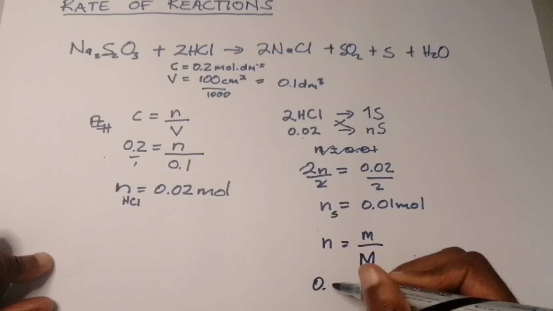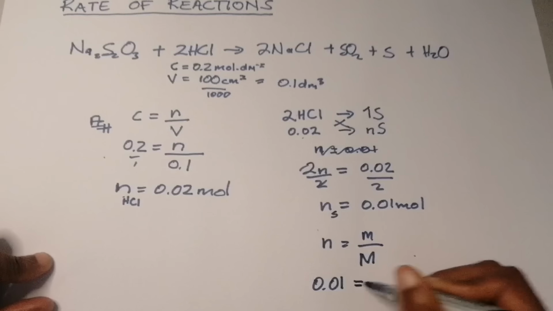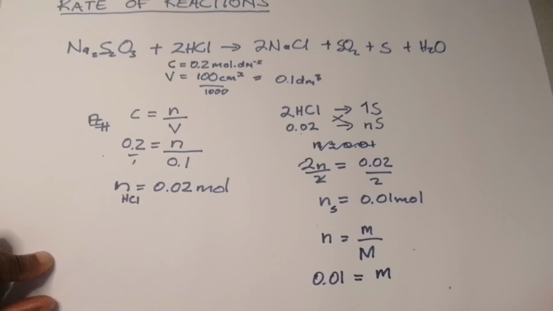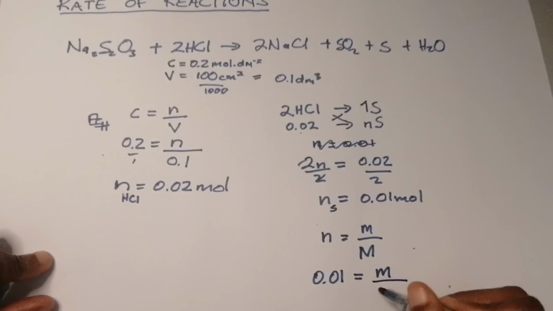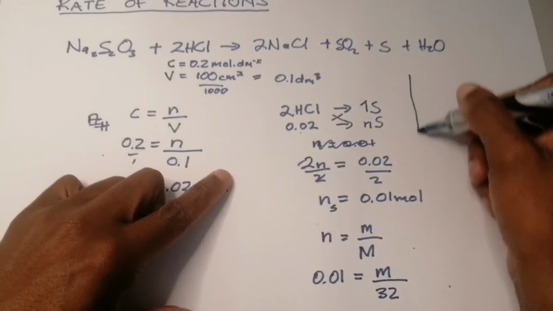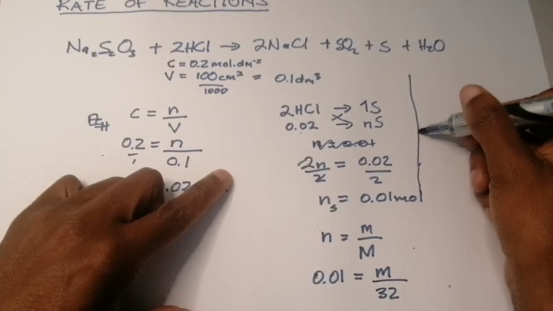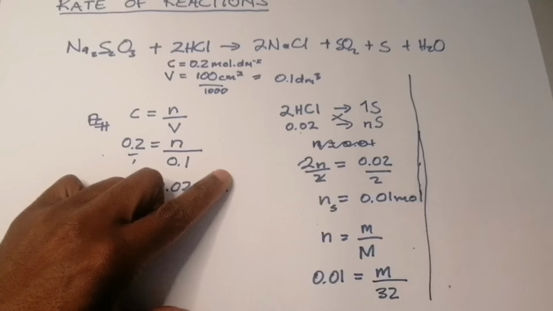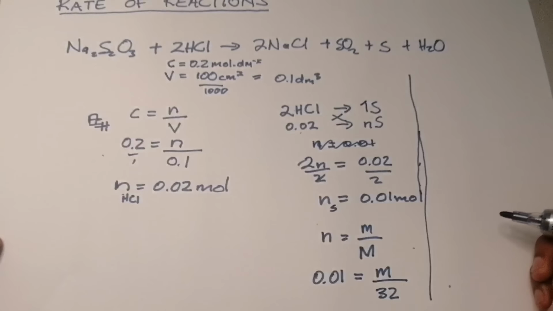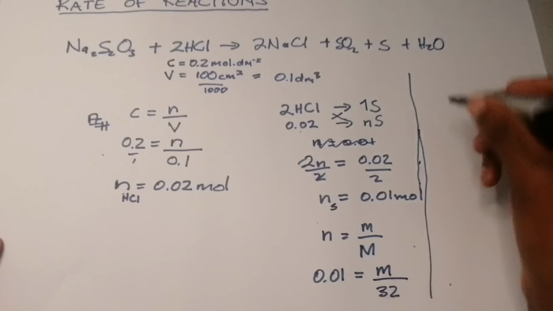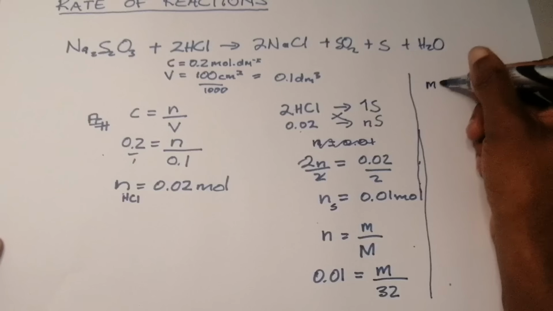Number of moles is 0.01. I want the mass, and the molar mass of sulfur is 32. I'm going to just continue over to this side. Sorry about that. So now I want to find out what the mass of it is.